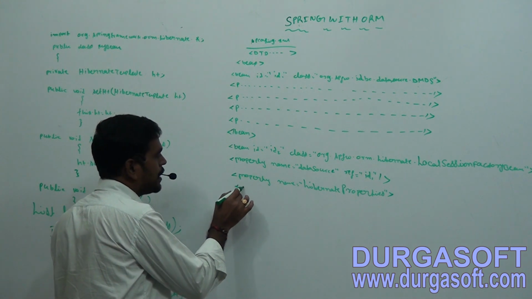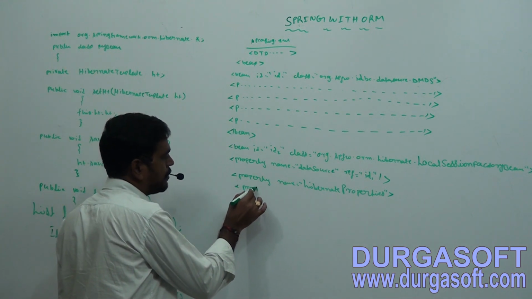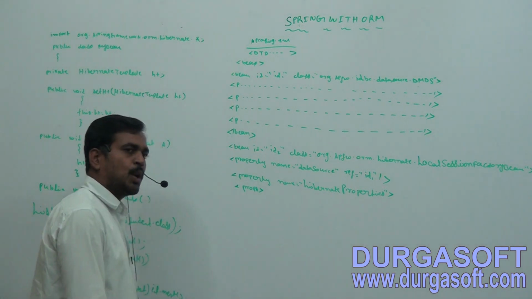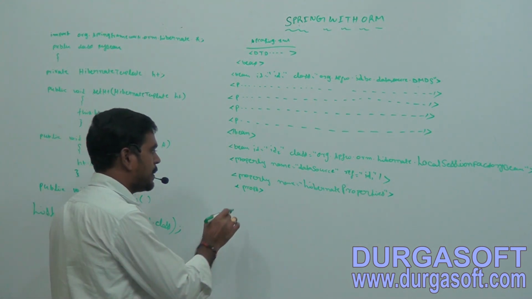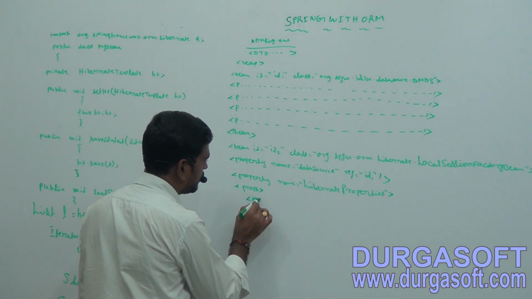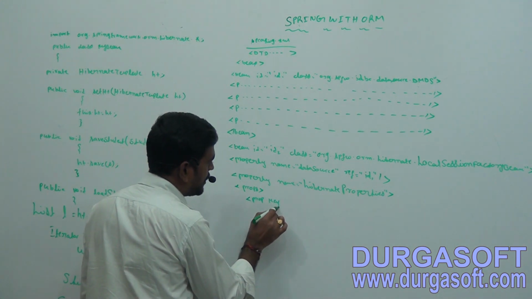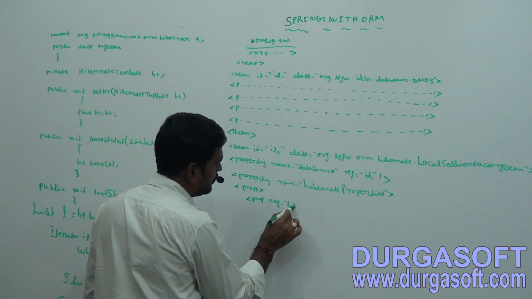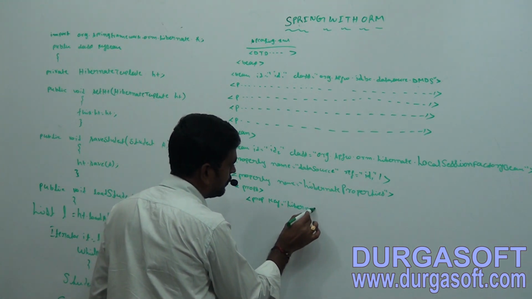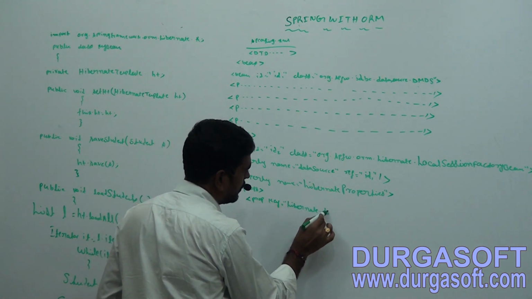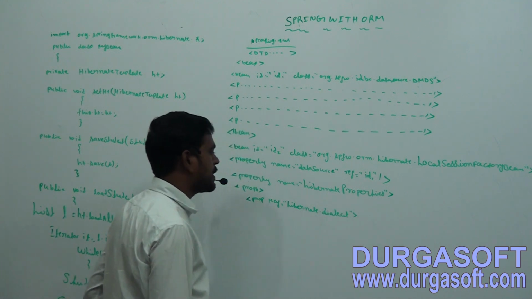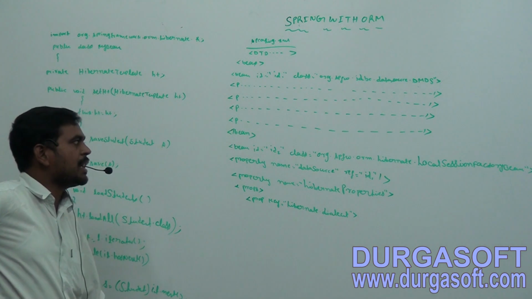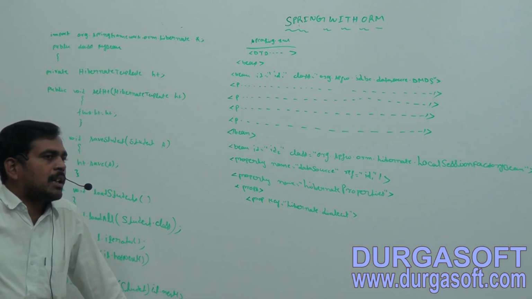Under that we have to take the props, properties collections, right? Props. Under that prop key is equal to hibernate.dialect. What is the functionality of this dialect class? The functionality of this dialect class is to generate the SQL queries.